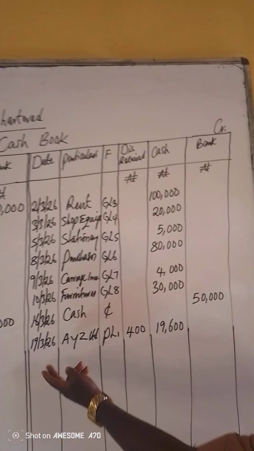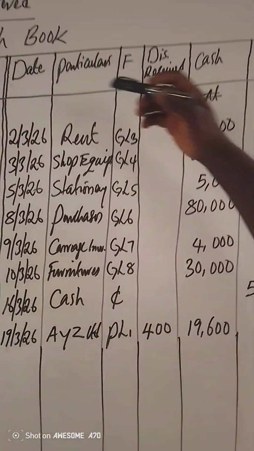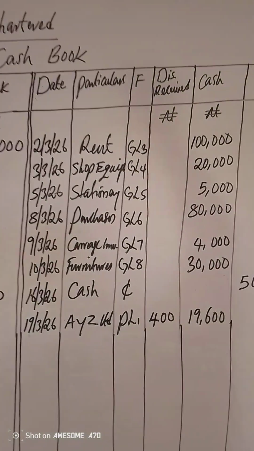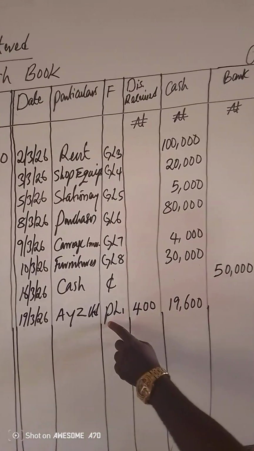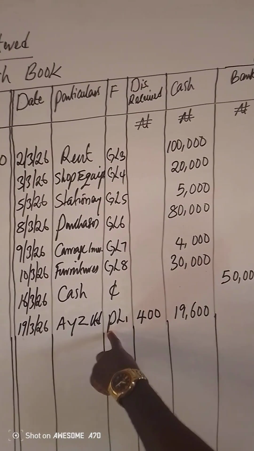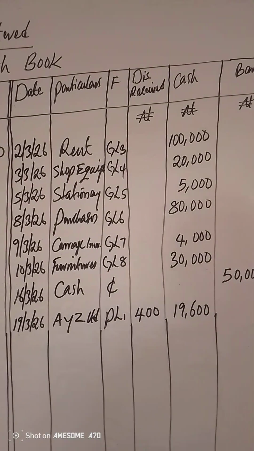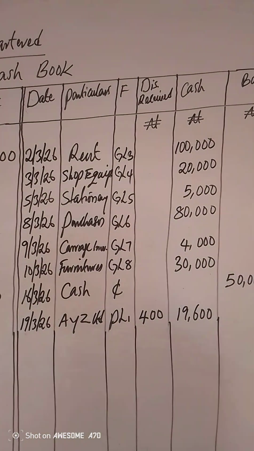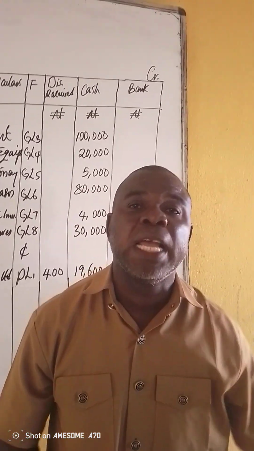Then on this fateful date, which is the 19th of March 2026, the business is paying cash to AYZ Limited. And you can see the folio has changed, and this is purchase ledger 1. Purchase ledger 1 means this is a payment to a supplier, or a payment on goods purchased on credit.